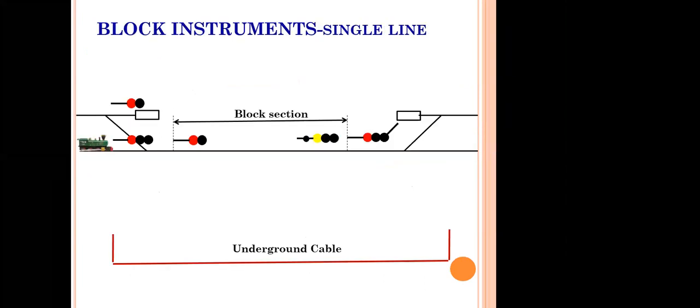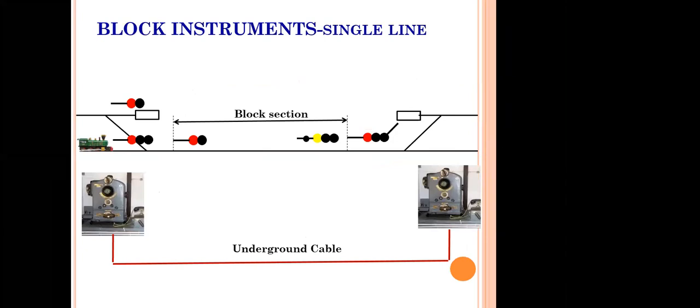Now, to communicate between these two stations, the Neale's token instruments were connected in olden days. These two instruments ensure one token can be extracted from only any one instrument. If the sending station master extracts the token, the receiving station master now cannot extract another token.